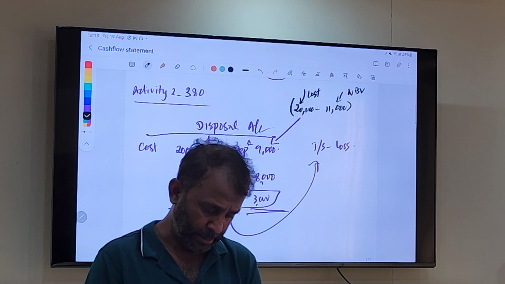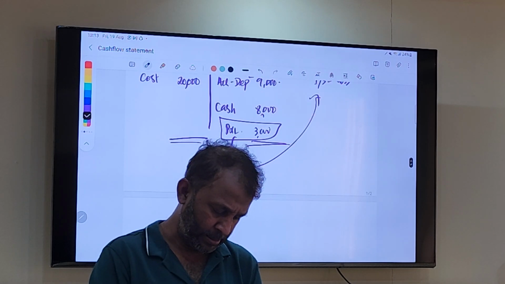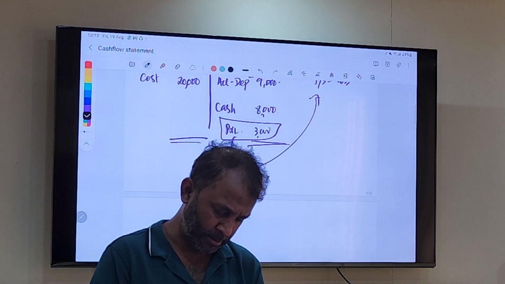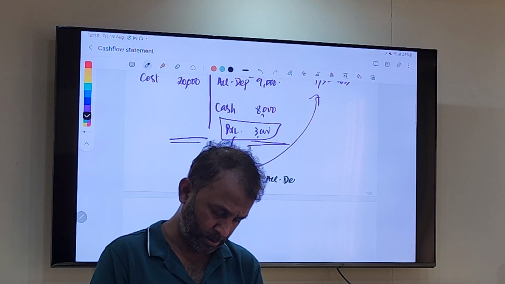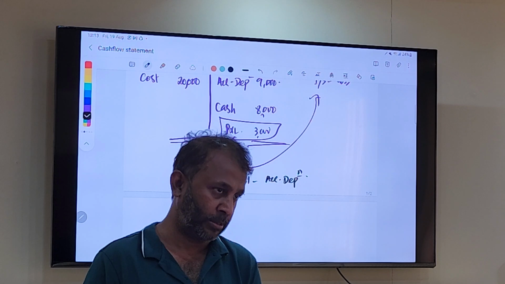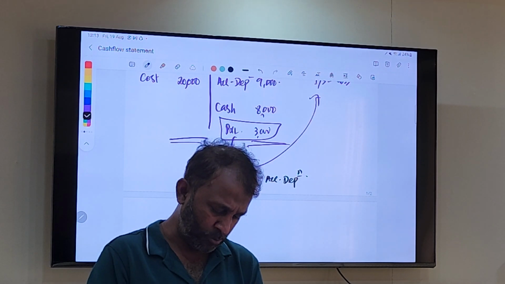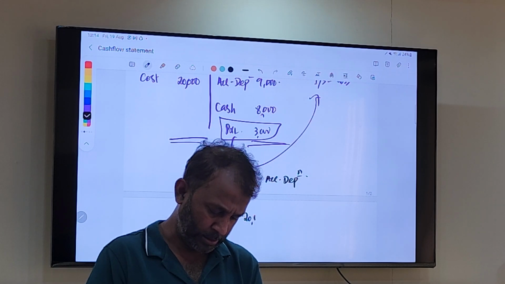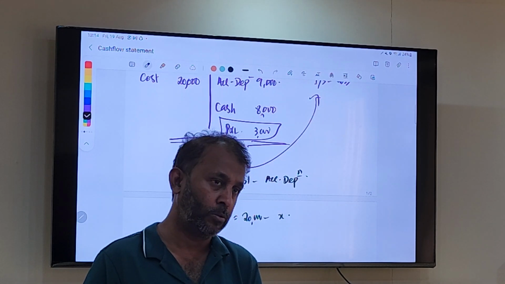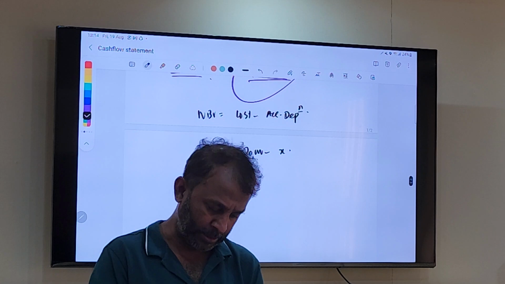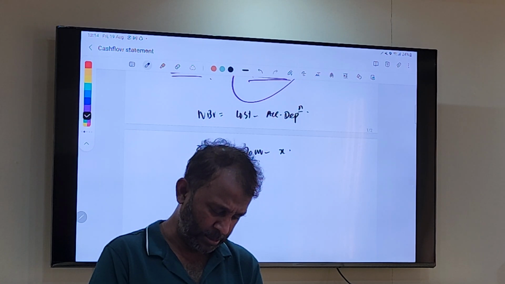You should remember there is an equation which we learned. Net book value is equal to cost minus accumulated depreciation. Net book value they have told you 11. Cost they told you 20. And this we don't know. And using this equation we calculate it.